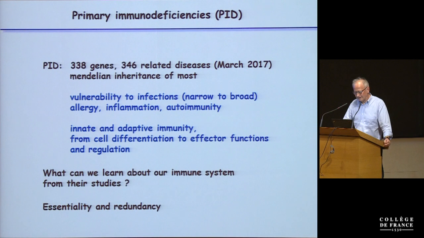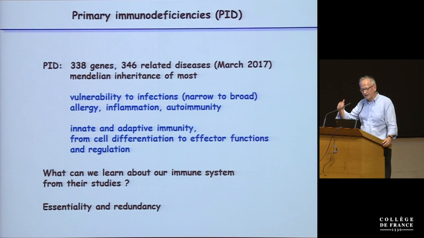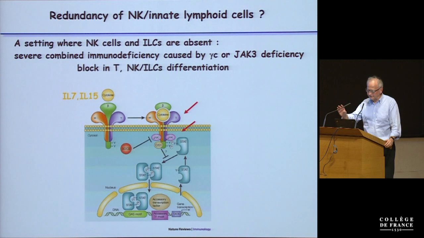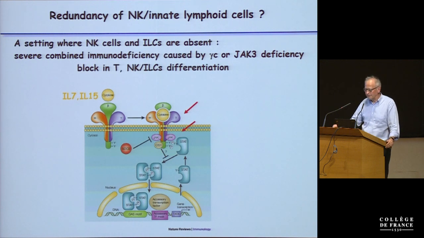So the question again is, can we learn something by a broad overview of these 300-odd genetic diseases observed in humans? I will essentially tell you about 2 stories. One relates to cells, and the second one to genes. The cells story relates to the study of the question as written here.